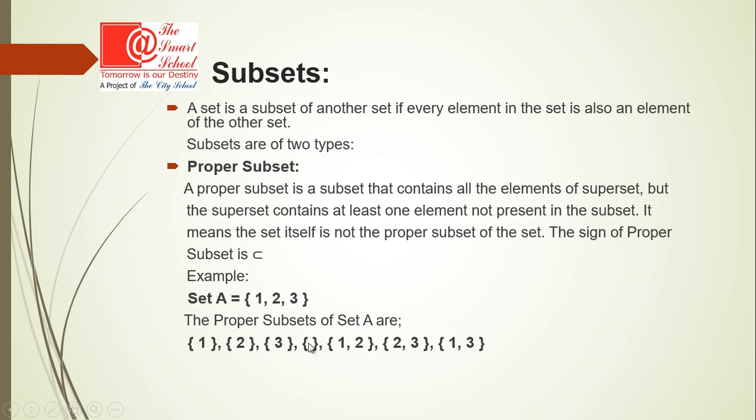Remember this thing, empty set is subset of every set. Another set has the elements 1 and 2 in it. Next set has elements 2 and 3 in it, and the last one has elements 1 and 3 in it. So this was the proper subset.